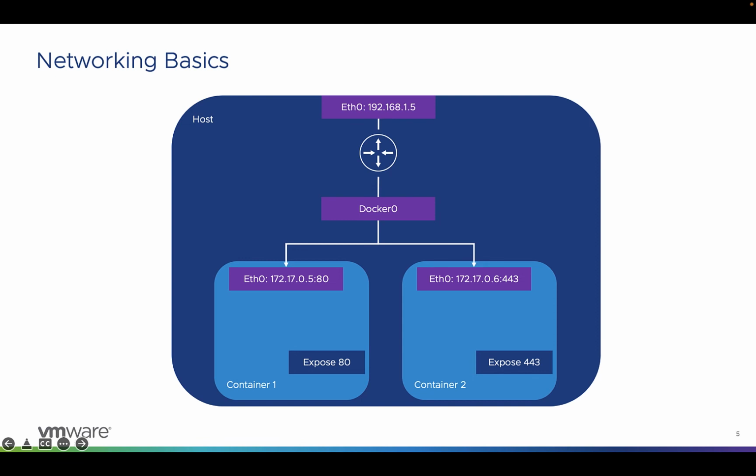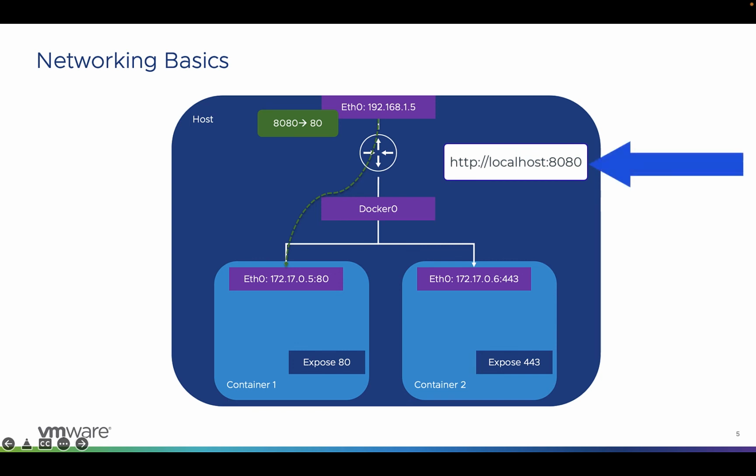Now, to make those ports usable by someone, you can map the container port to a host's port at runtime. In this example, we can map port 8080 on the container host to port 80 on the running container. We can open a web browser and navigate to http://localhost:8080 to view the running container, presumably.